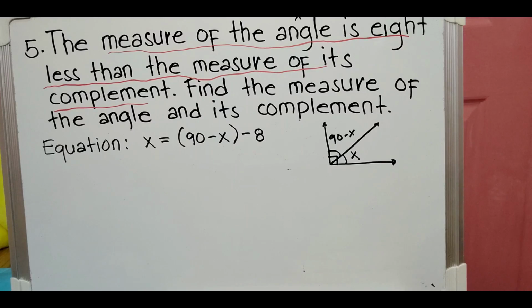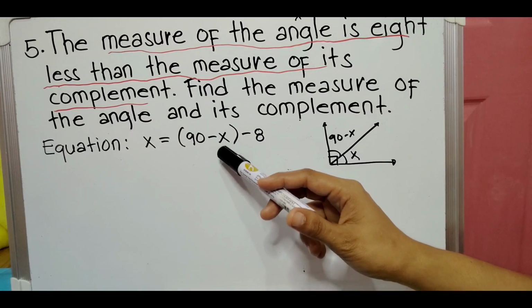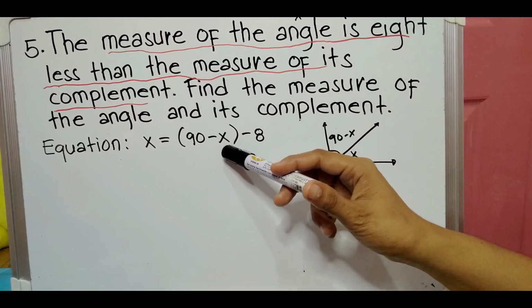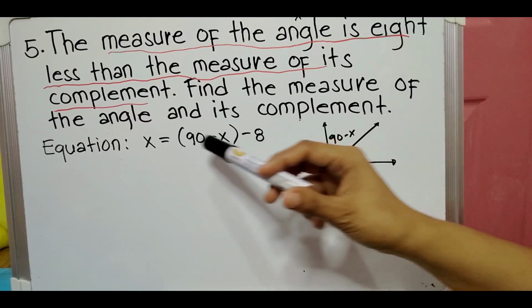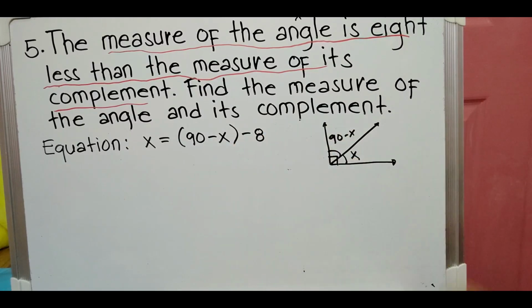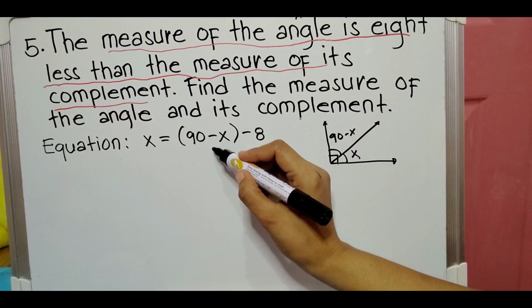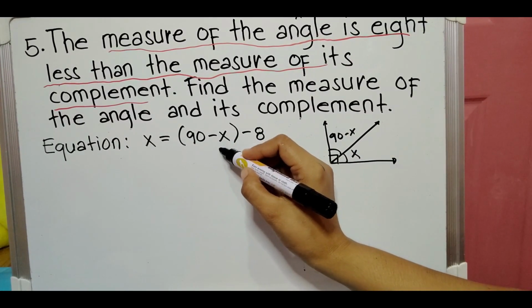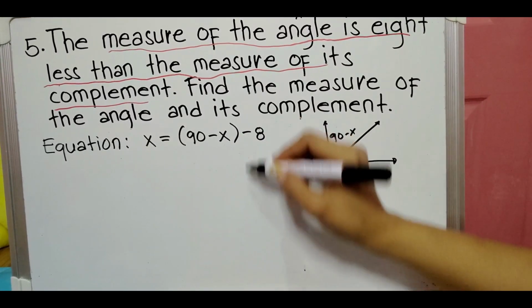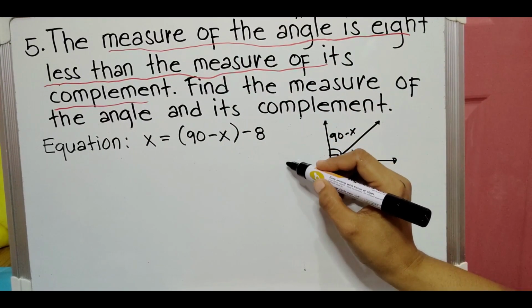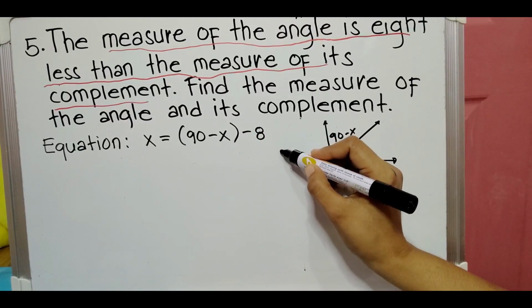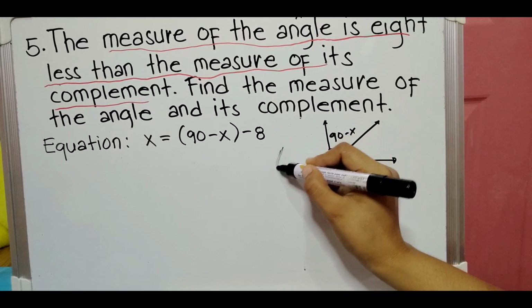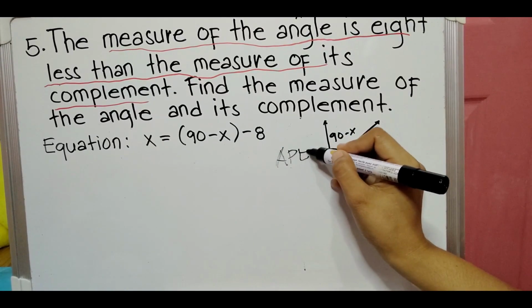First thing we do is to get rid of the x here, making x at the left side alone and all the numbers at the right side of the equation. So how do we get rid of this negative x here? Since this is negative, we will apply the addition property of equality.